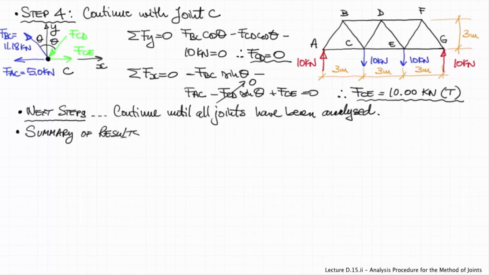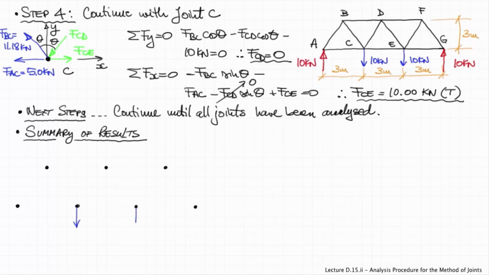This is very important, the way we present our results, because for somebody checking or verifying or looking for the results of your work, it will be very difficult to go through pages of calculations and free body diagrams of many joints and looking for the actual results, even if you have highlighted them.